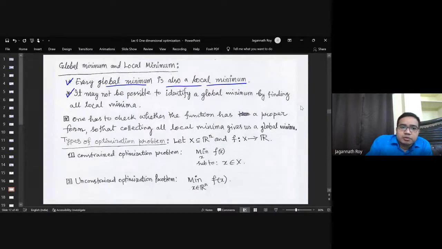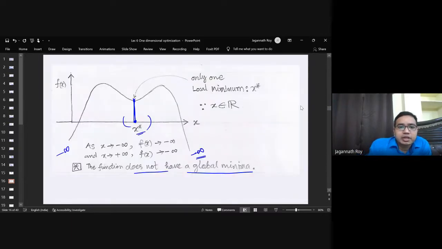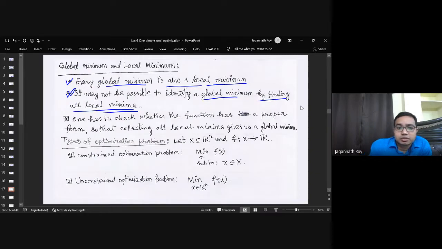It is not always possible to identify the global minimum by finding all the local minima, because here we have seen only one local minimum but no global minimum. So one has to check whether the function has a proper form, so that collecting all the local minima can give us the global minimum.